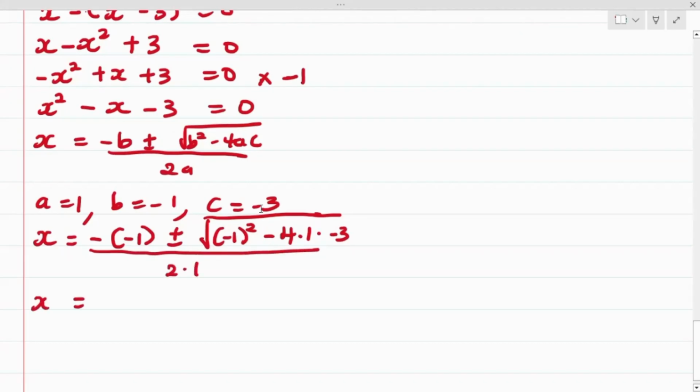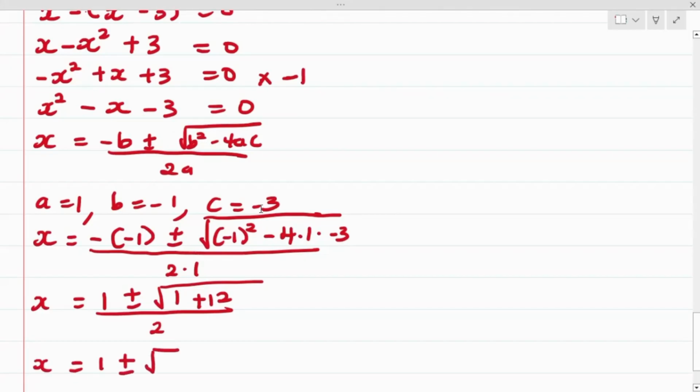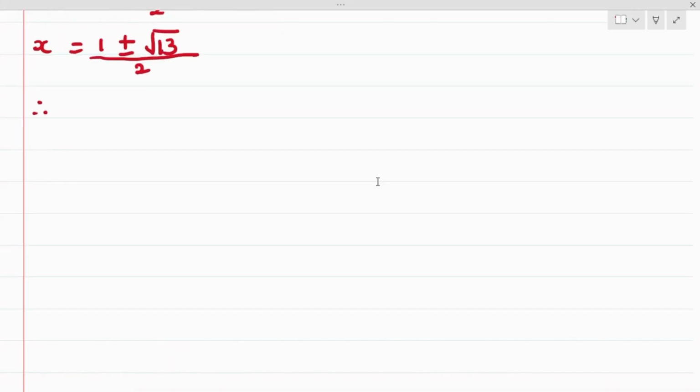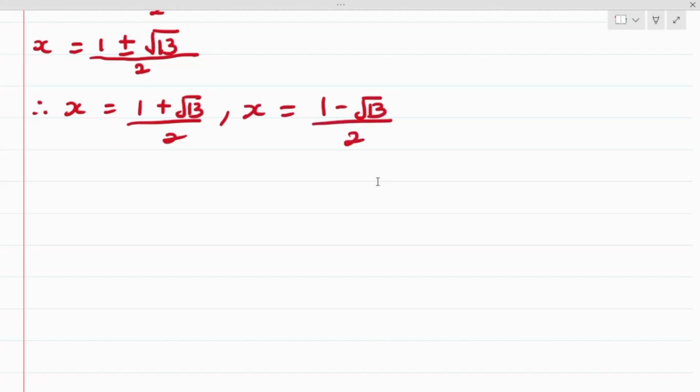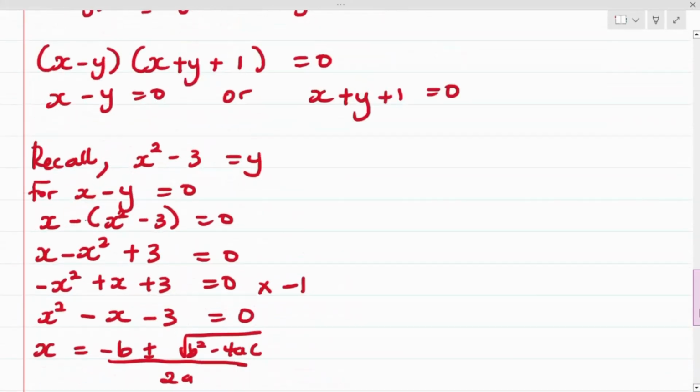Minus times minus is plus, so we have 1 plus or minus the square root of 1 plus 12, divided by 2. So x is equal to 1 plus the square root of 13 divided by 2, and x is equal to 1 minus the square root of 13 divided by 2. So we have been able to solve for the first part right here.